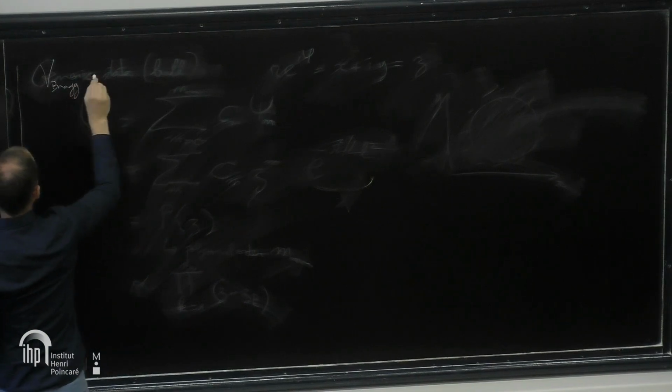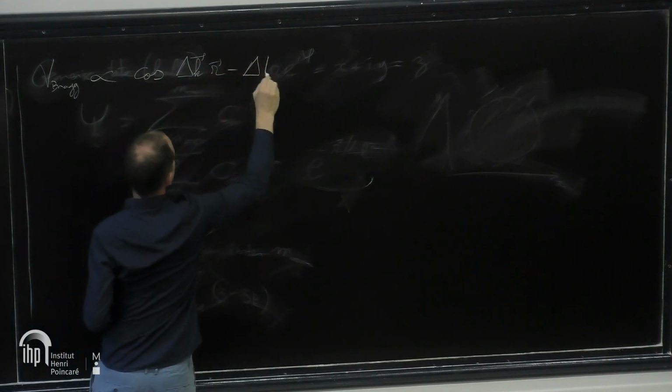So V Bragg is proportional to cosine of delta K R minus delta T. So the delta is there precisely to bring the energy required to hop from one side to another. So it's time dependent.